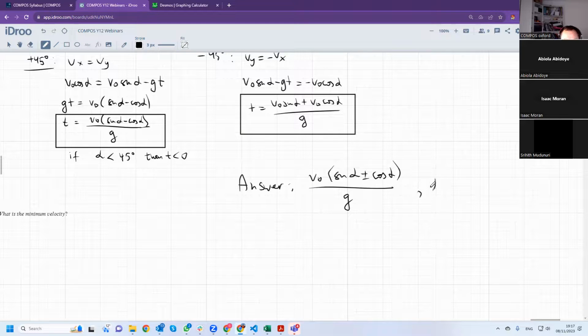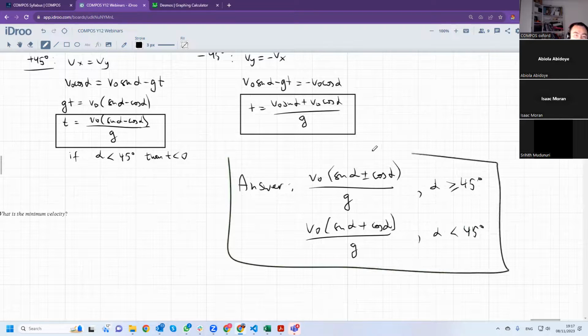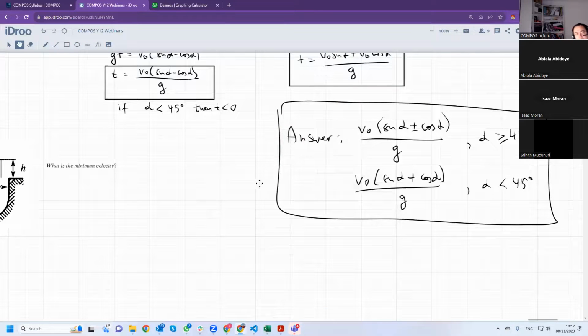It is V0 sine alpha minus cos alpha divided by G if alpha is greater or equal than 45, and V0 sine alpha plus cos alpha divided by G only if alpha is less than 45 degrees. So either way, this is the answer.